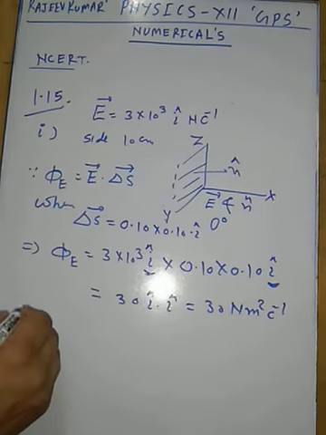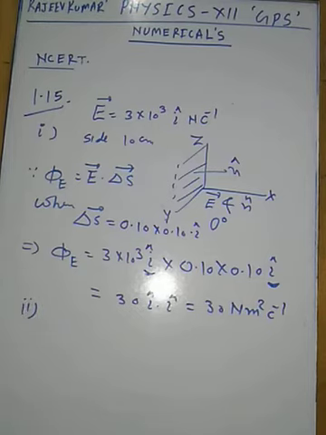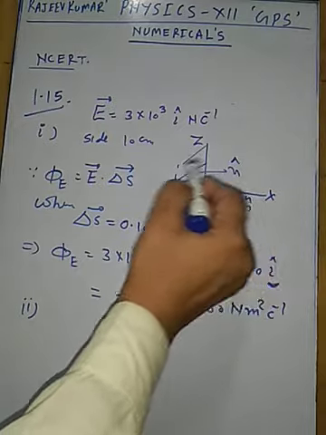Okay, there is a second case also. What is the flux through the same square if the normal to the plane makes an angle of 60 degrees with the x-axis? Means the normal is this one.